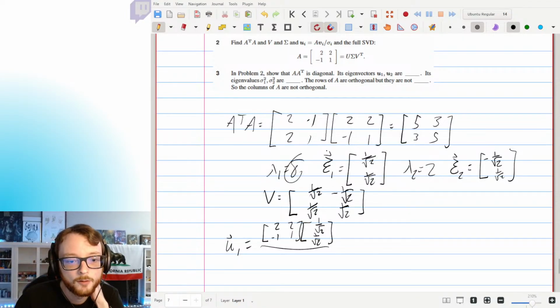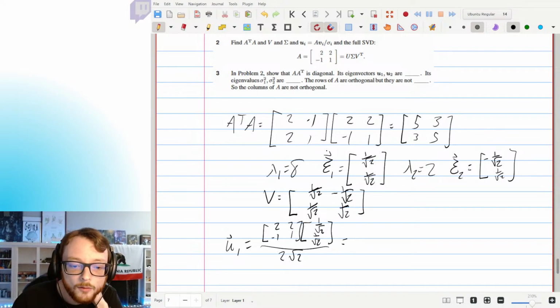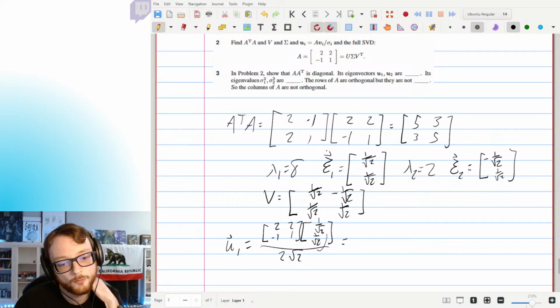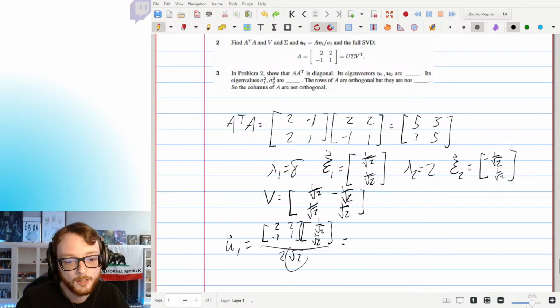Sigma 1 is square root 8. So I'm going to do a few things in my head here. This root 2 can be factored out of the vector. 1 over root 2 can be factored out of the vector, and it multiplies with that root 2 to be a 2.